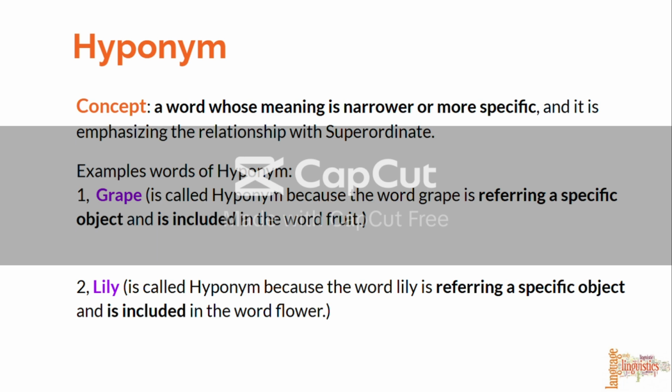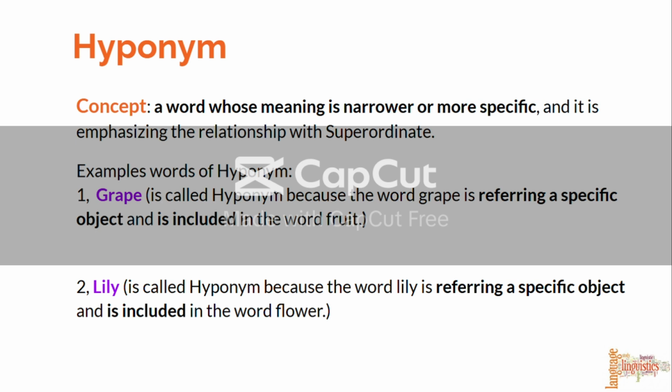Let's look at the term hyponym. So the concept of hyponym is a word whose meaning is narrower or more specific, and it is emphasizing the relationship with the superordinate. We'll look at superordinate in the upcoming slides. Let's look at some example words of hyponym.